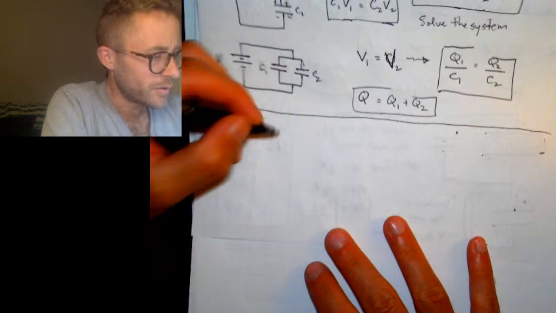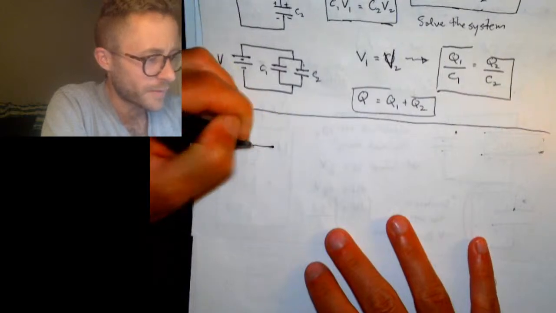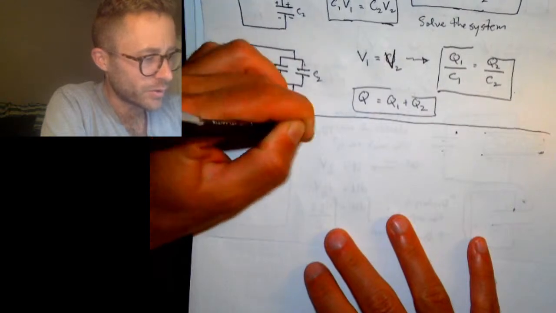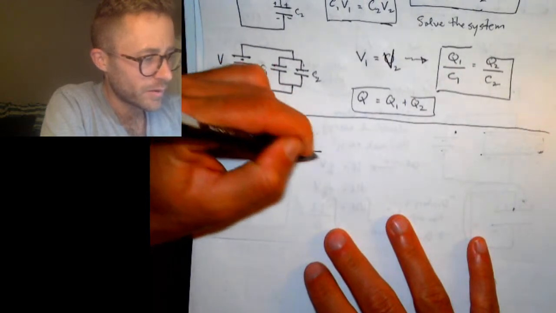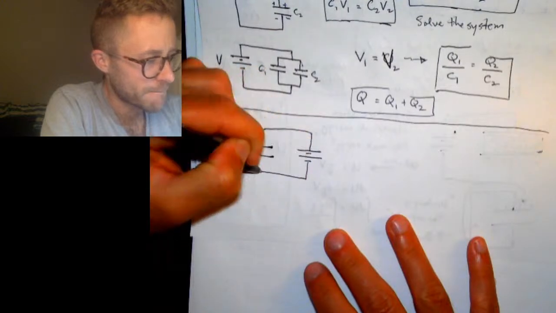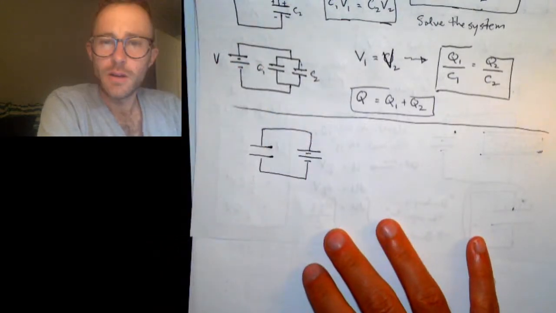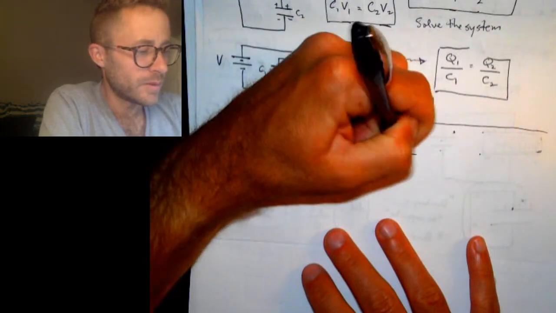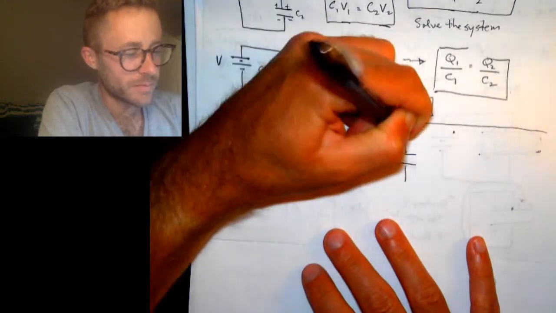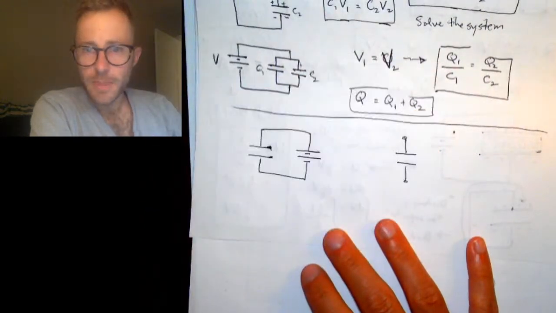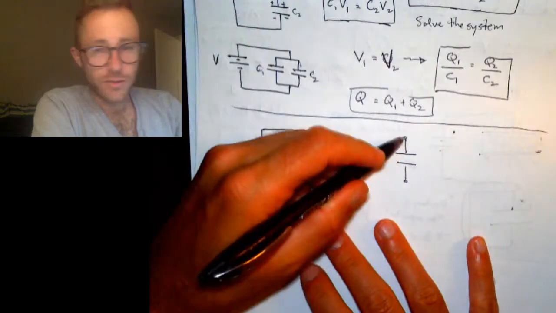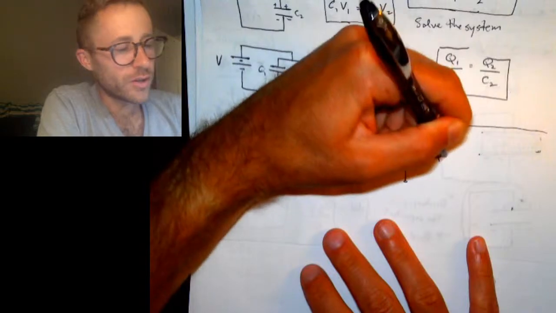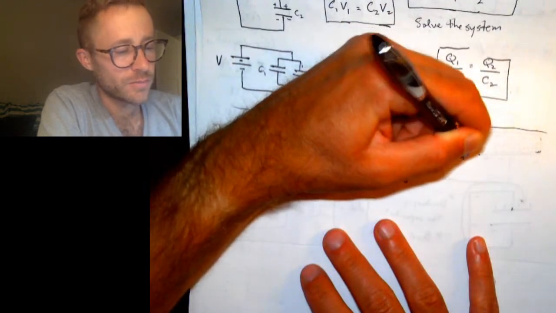And these are problems where you have a capacitor and it's either hooked up to something like a battery, or it is not connected to anything. Now, if the capacitor is not connected to anything, then the charge on the capacitor plate is constant.